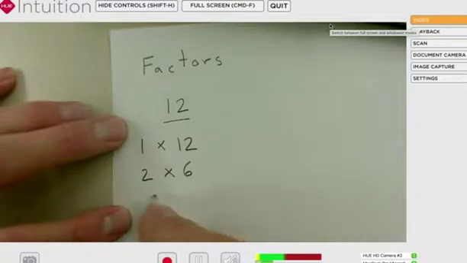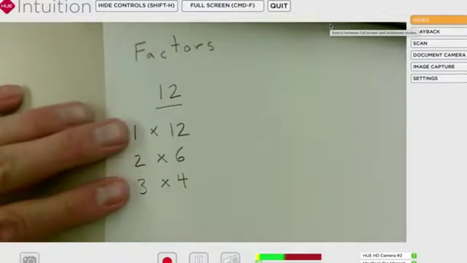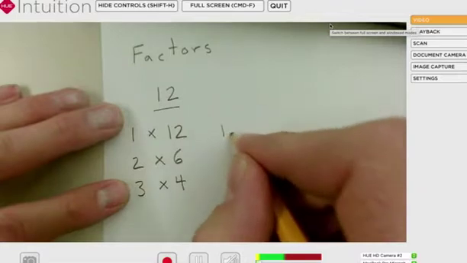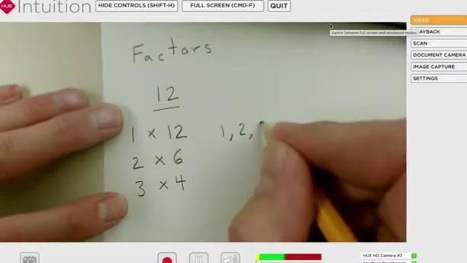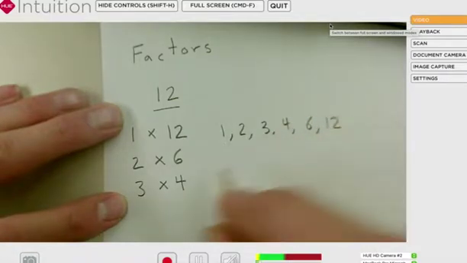After that, how about a 3? Yeah, 3 times 4 is also a factor of 12. So if I were to list all six of these numbers in order, I would list them 1, 2, 3, 4, 6, and 12. I list them in order.